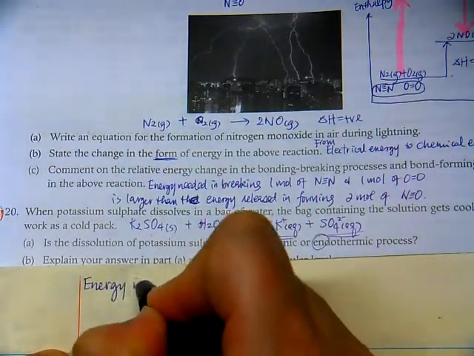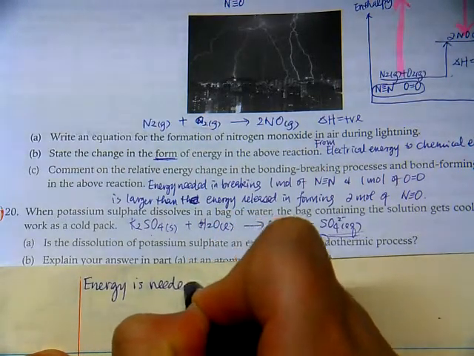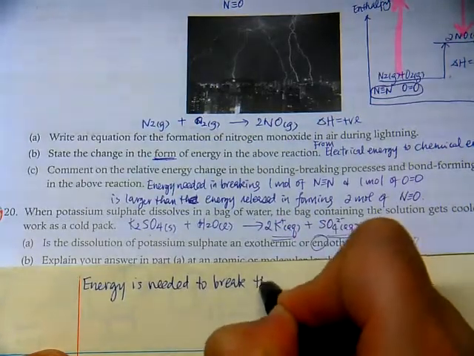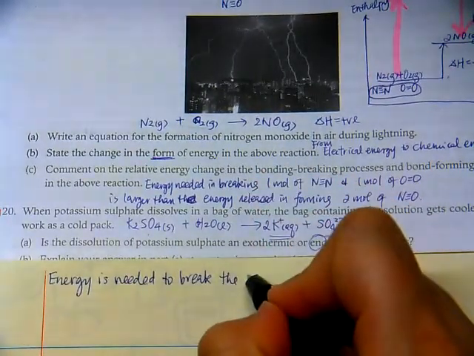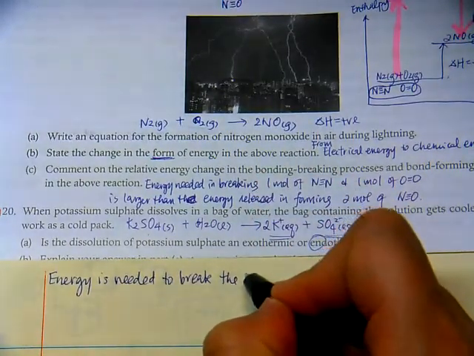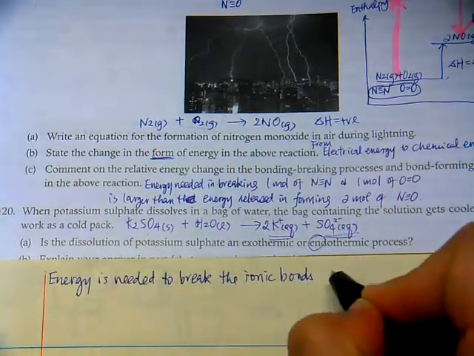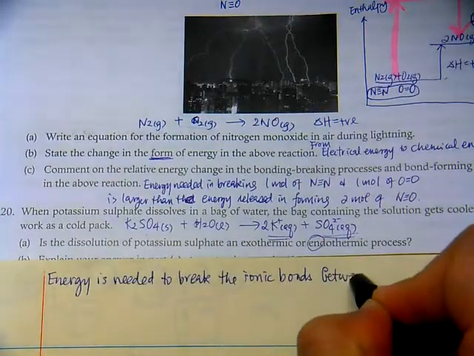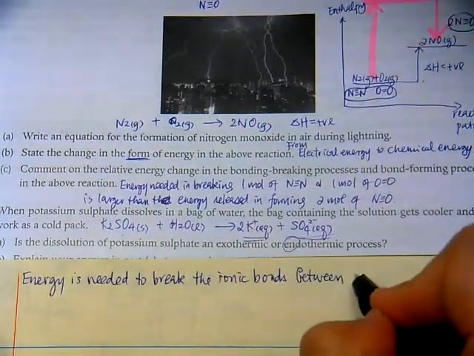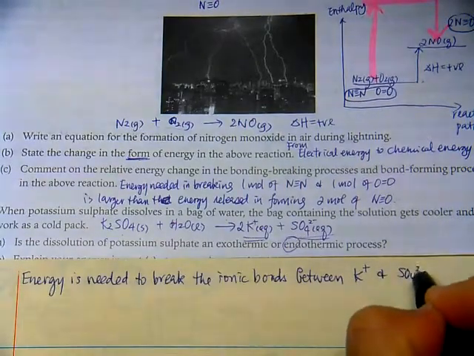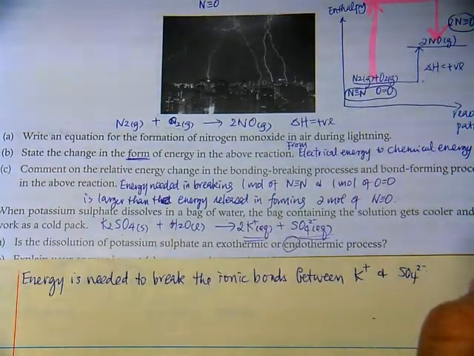Energy is needed to break the ionic bond between potassium ion and sulfate ion. Is that right?